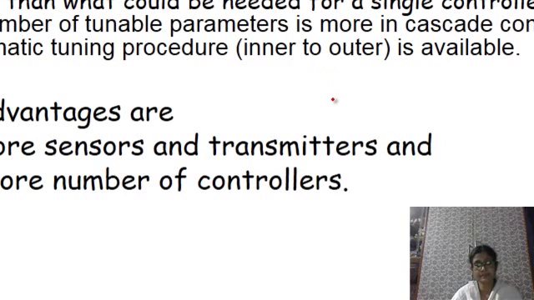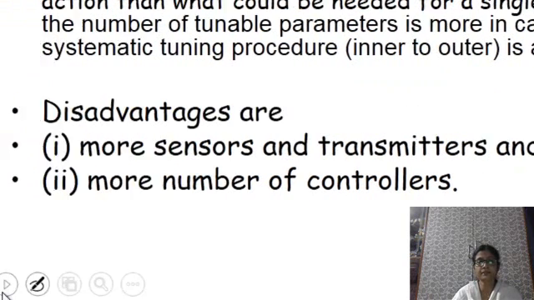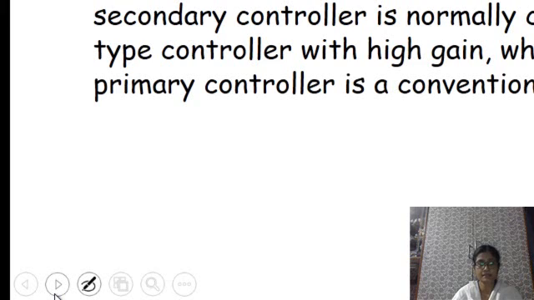But the disadvantages are more devices, that is, more sensors, transmitters, and controllers. So the effective cost of the process is higher. For proper operation of a cascade control arrangement, the dynamics of the inner loop should be considerably faster.